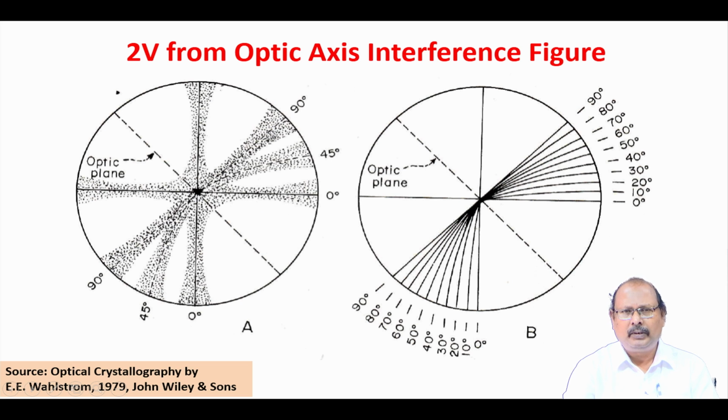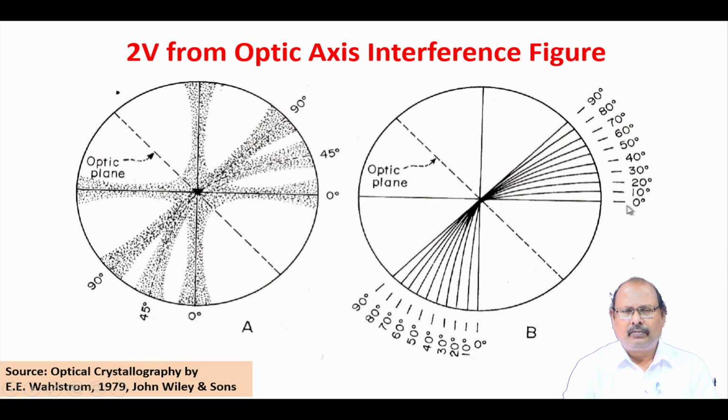So, when you have a completely straight or planar isogyre, 2V is equal to 90 degrees, and in that situation we call the biaxial mineral optically neutral, and we cannot determine the optic sign for that kind of mineral. So, this is an example of how, depending on the curvature, you can relate it to the 2V value here.